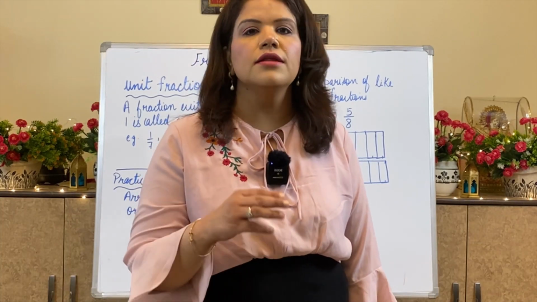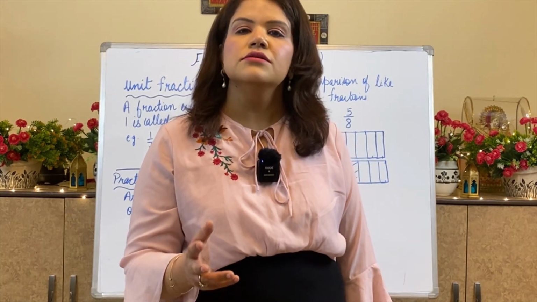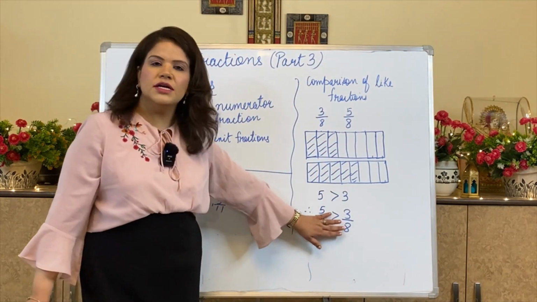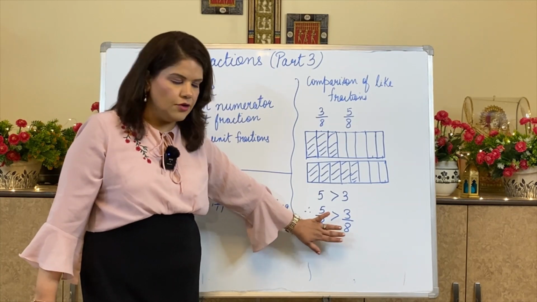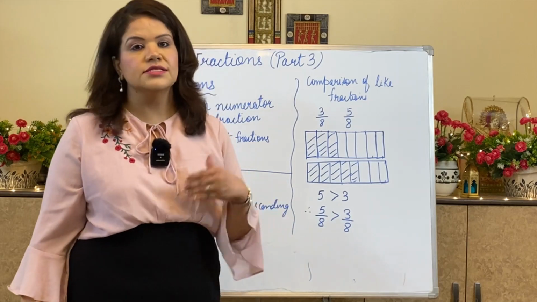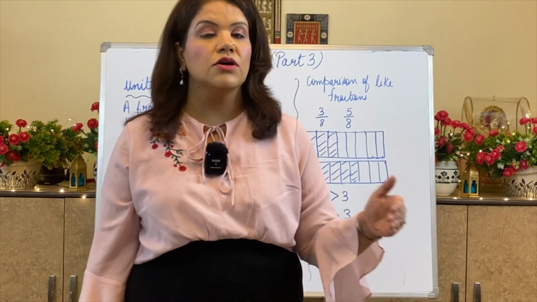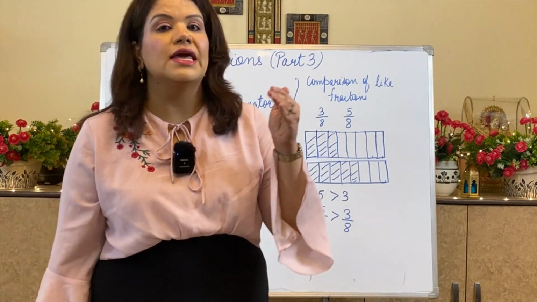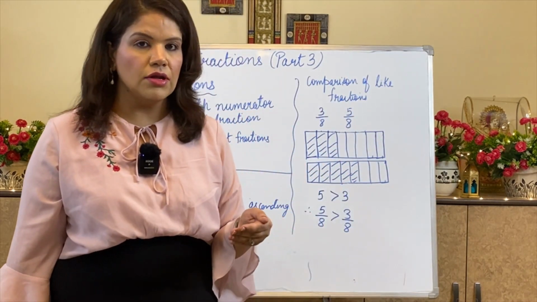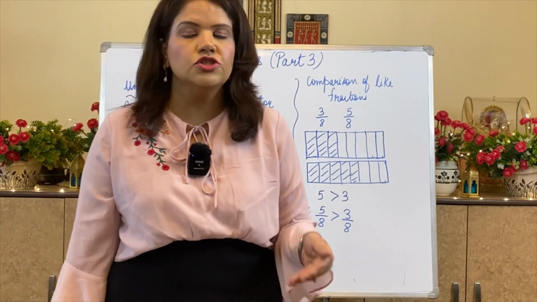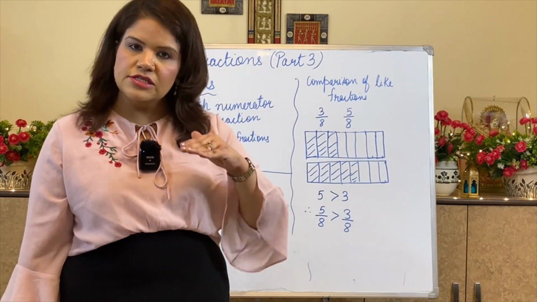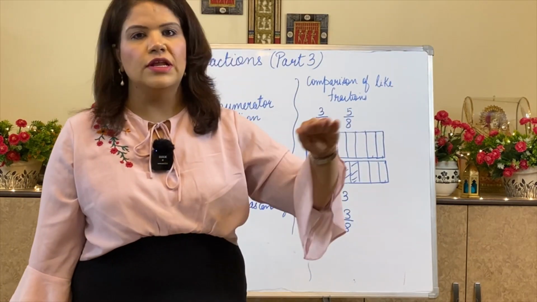And the smaller the number in the numerator, the smaller the fraction will be. Because it is a like fraction, the denominator remains the same. We can write these in ascending order and descending order, because we know as the numerators increase, the fraction will increase. The number changes only in the numerator, the denominator remains the same. So as the numerator increases, the fraction increases.